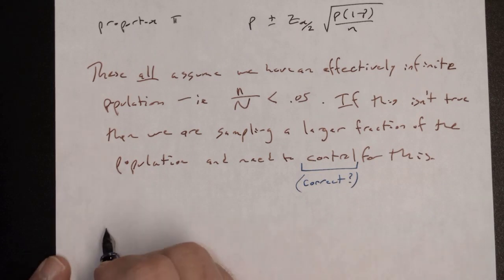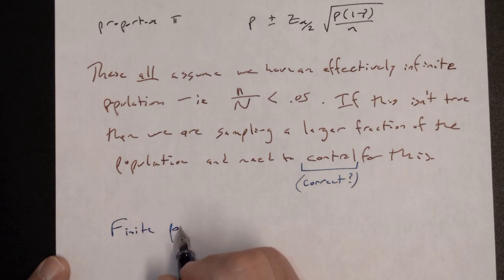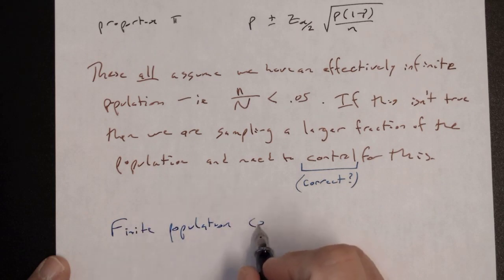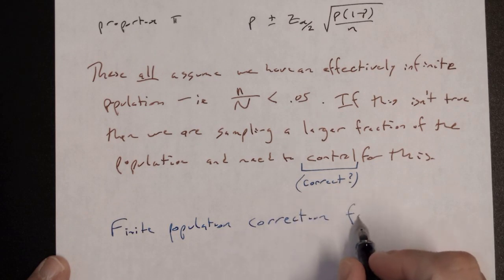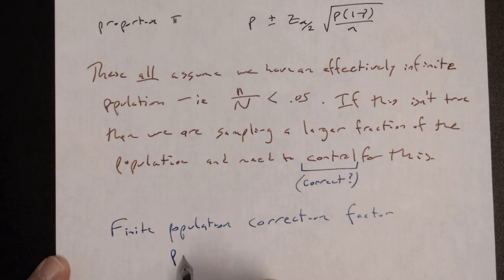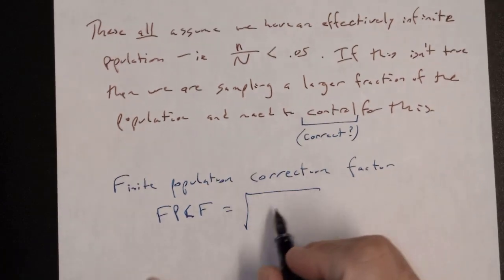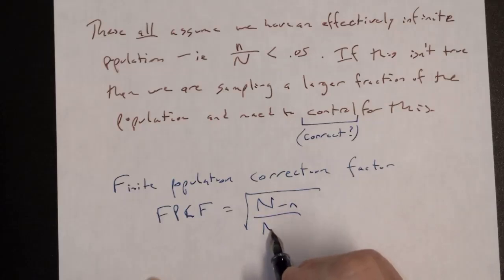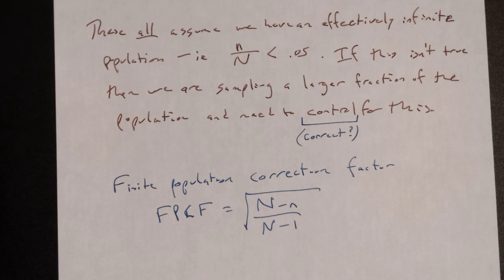It's even called a finite population correction factor. And it's given by this formula. I take my population size, subtract the number of people in my sample, divide by population size minus 1.